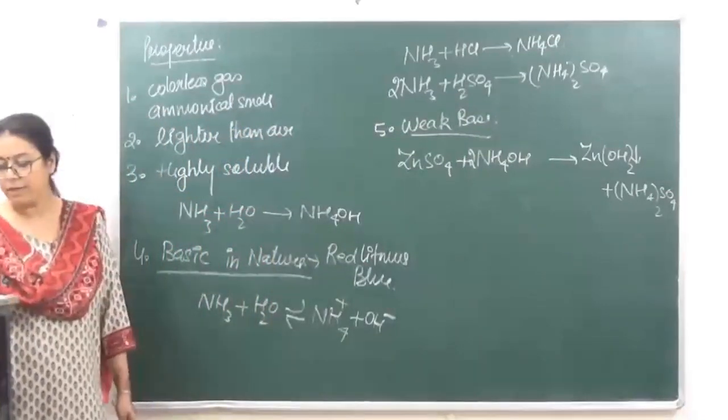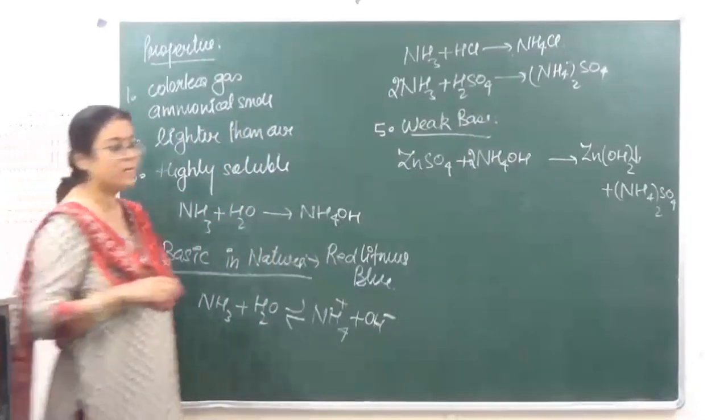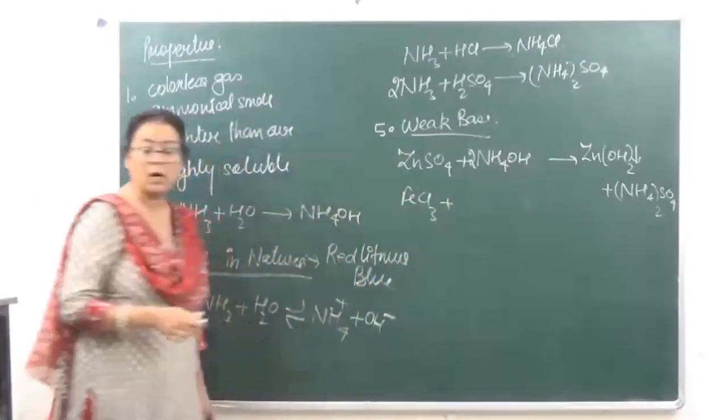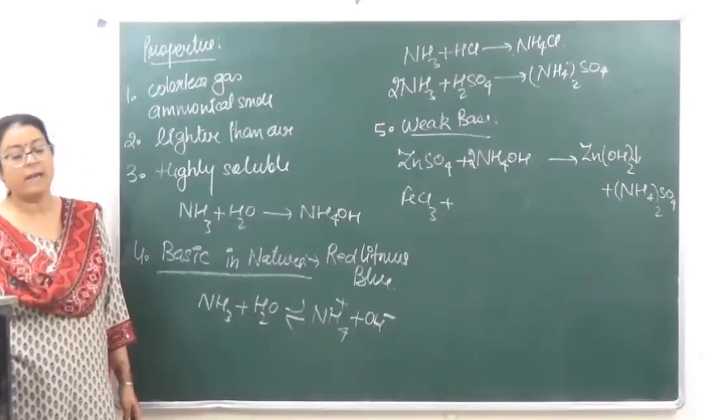Similarly, if we are reacting it with FeCl3, that is ferric chloride, we are going to get a brown precipitate of Fe2O3.